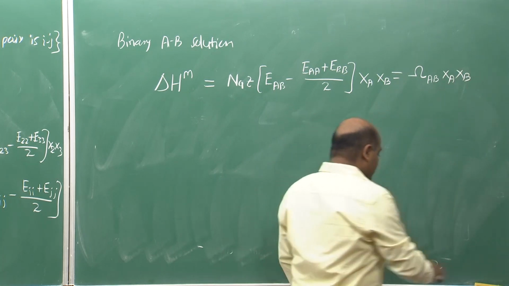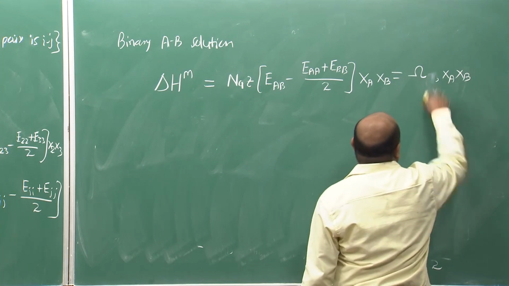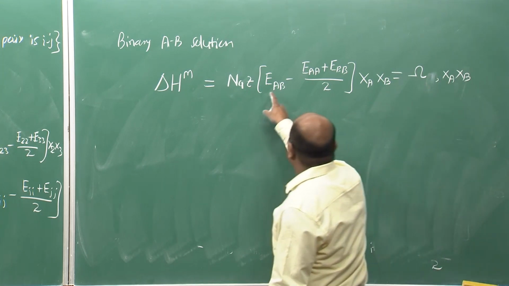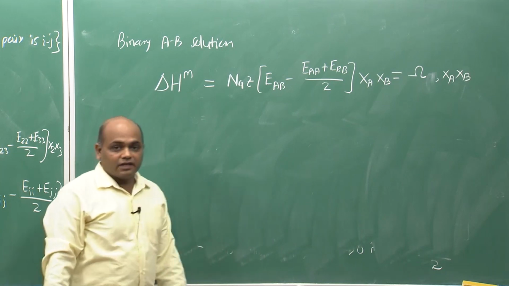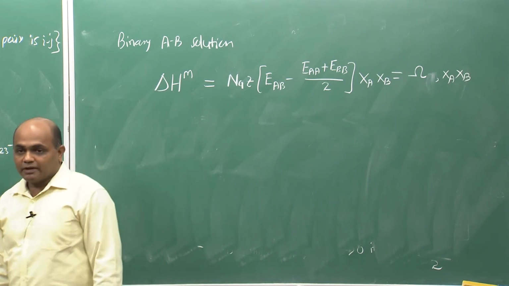Since there is only one term omega, we can just call it omega, where omega is equal to NAZ times EAB minus EAA plus EBB by 2.